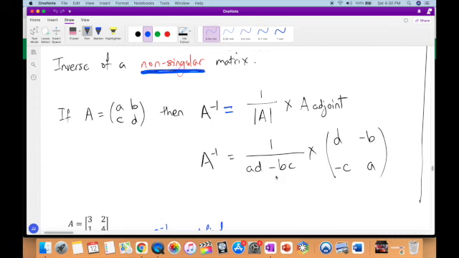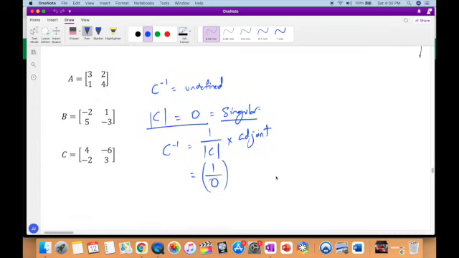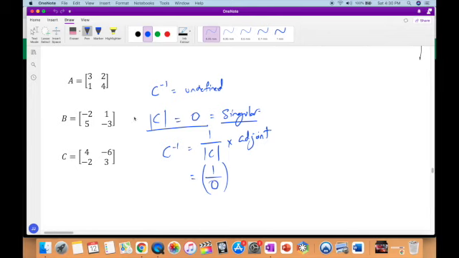Well, 1 divided by 0. And 1 divided by 0 is actually not 0, eh? So when you said the answer was 0, that was not correct. 1 divided by 0 is not 0. 1 divided by 0 is undefined.